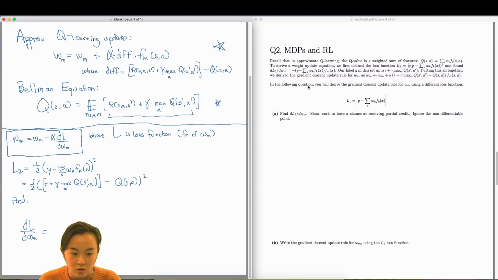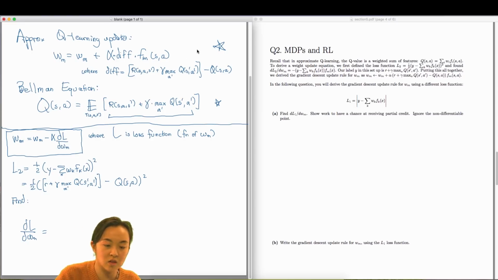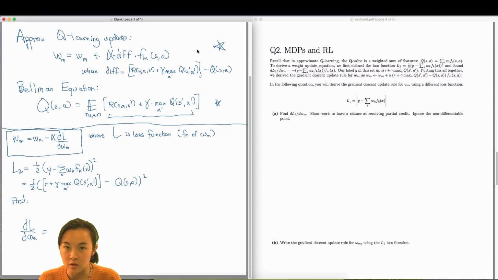Okay, so let's talk about deriving this update equation as we know it. In approximate Q learning, you have weights which you are updating. And if you're going to update something, you have to update it with a goal in mind. So we're going to be updating all the W values in order to minimize some loss function that we define.